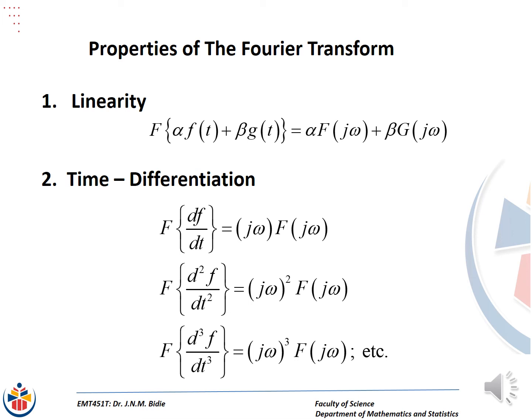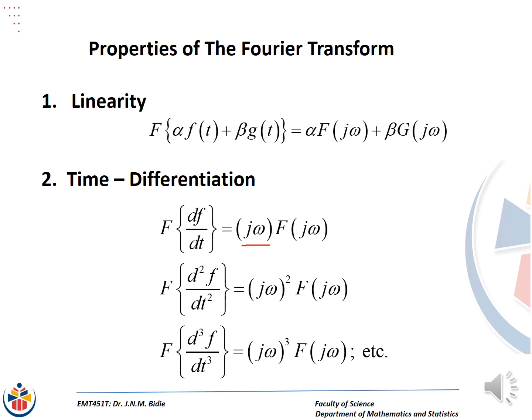Coming to the properties of the Fourier transform, all the transforms that we have been using so far have the linearity property, and we're going to use it just now. Time differentiation: we recognize that the first derivative gives us j omega multiplied by the Fourier transform of the original function.